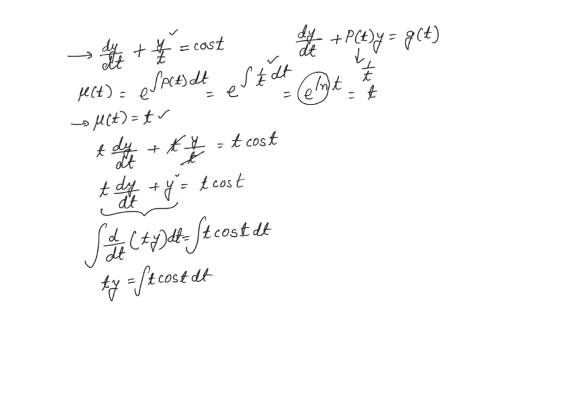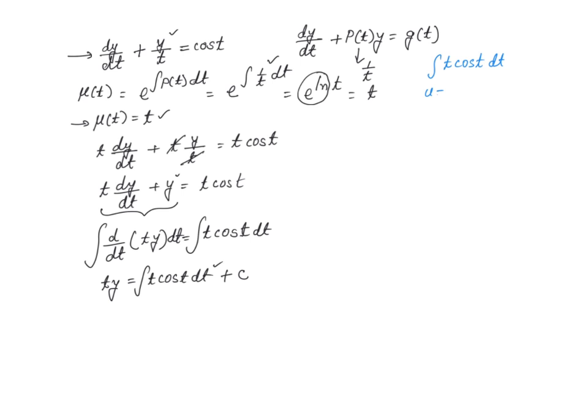Now, this we need to integrate, by the way. Oh, by the way, there is an arbitrary constant c here, of course. So let's go ahead and do the integral of that right here. So I'm going to do the integration of t cosine of t dt. And you can do a u substitution.